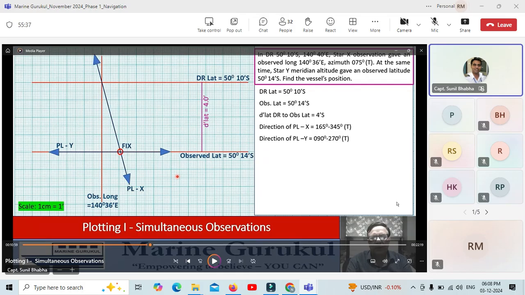Okay, beta. So second PL is also there now. And the intersection point of both the PLs becomes the fix. Go ahead, beta. Sir, why are you taking observed long for the second PL, sir? We can take DR long also, correct? No, beta, the second observation is meridian altitude observation. So for meridian altitude observation, the PL is the observed latitude itself. Yes, sir, I understood, sir. The observed latitude itself, I'm taking.